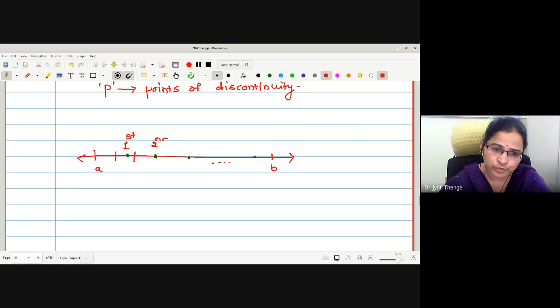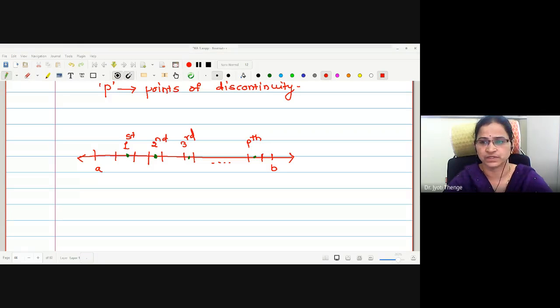Similarly, for the second point of discontinuity, we will plot 2 points around it so that it is covered in the interval. Similarly, this third point is covered in one of the subintervals, and lastly this fifth point also gets covered. Therefore, how many points do I have to plot in the partition so that these p points of discontinuities get covered in one of the subintervals?